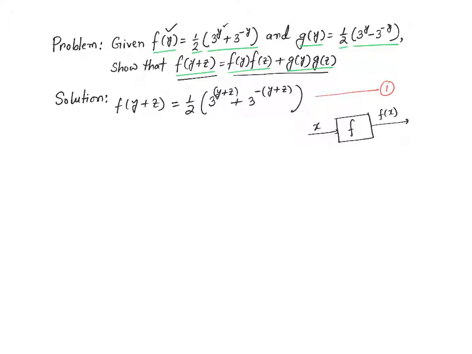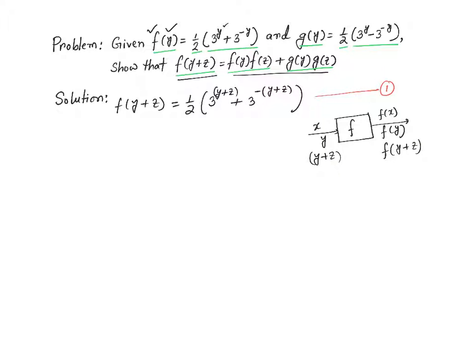And in our case it takes an input y right here and it gives you an output f of y. Now what if I replace this y by y plus z? Naturally it's going to give me f of y plus z.